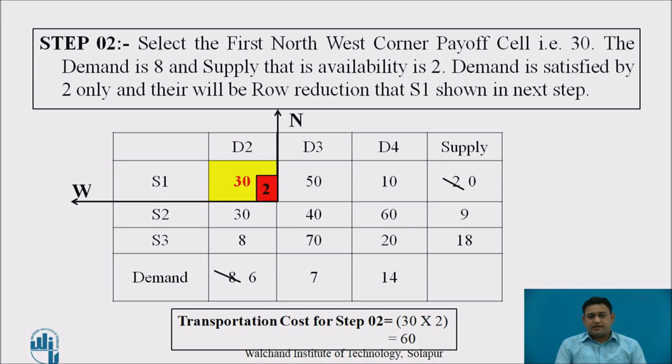In this table we see that the demand is satisfied by only 2, and the supply is totally supplied to destination D2, and the availability of the commodity or product with source S1 is 0.